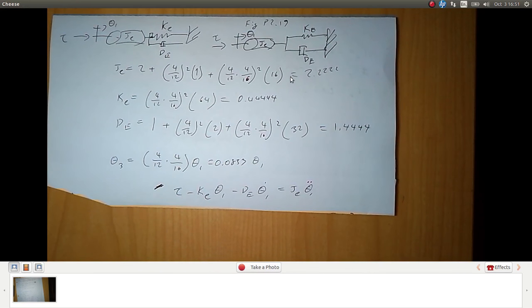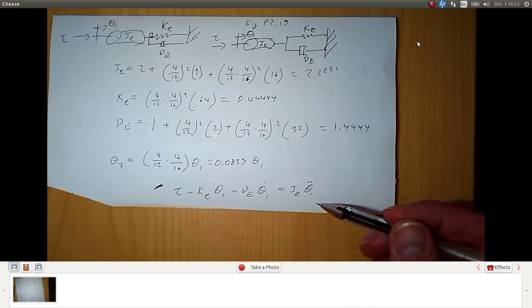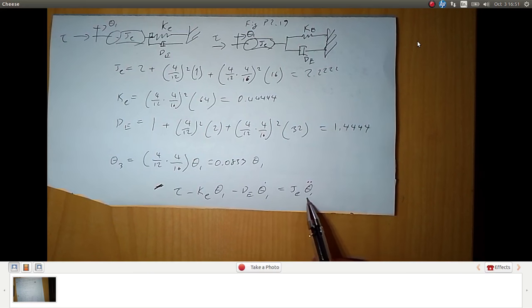And we can use this equation to come up with our state variables. We have a second order differential equation that indicates that we'll have two state variables. We'll choose the variables that have their time derivatives in this equation. Theta 1 has its time derivative, so theta 1 is going to be one of our state variables.